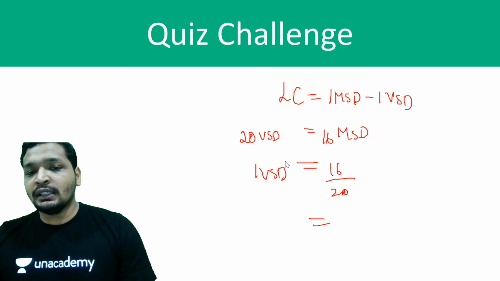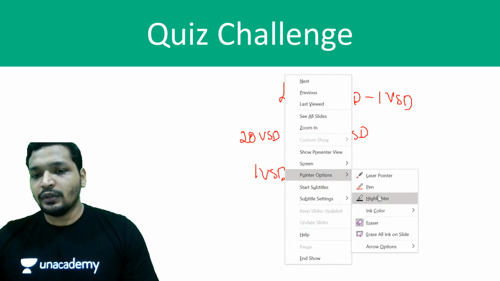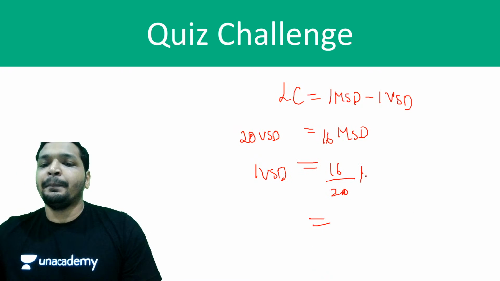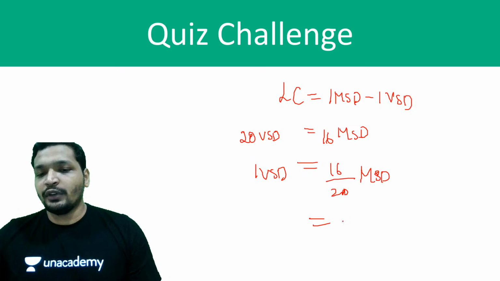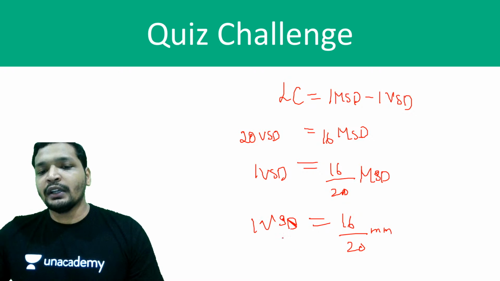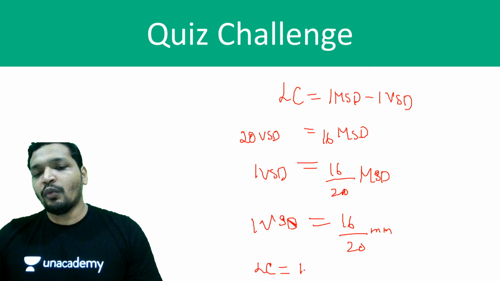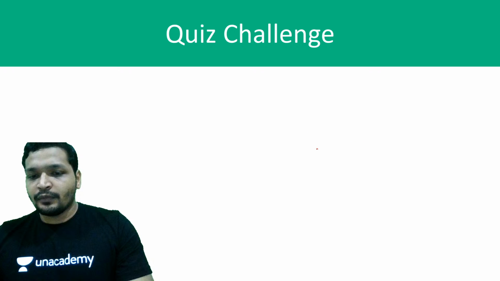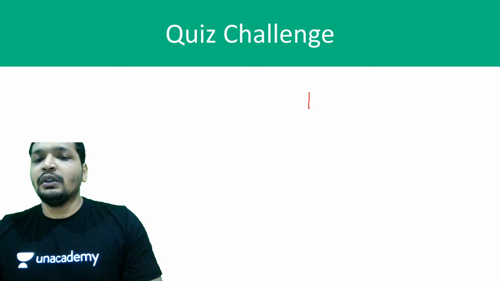One main scale division is given to you as 1 mm. So 16 by 20 mm is one vernier scale division. So what would your least count be? Your least count would be 1 main scale division minus 1 vernier scale division. That would be 1 minus 16 by 20.